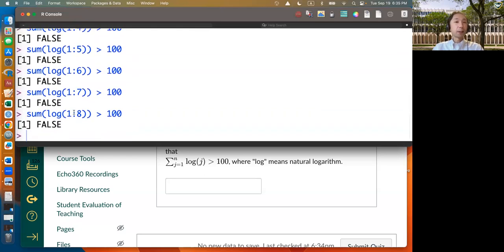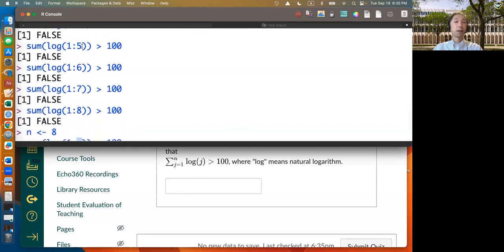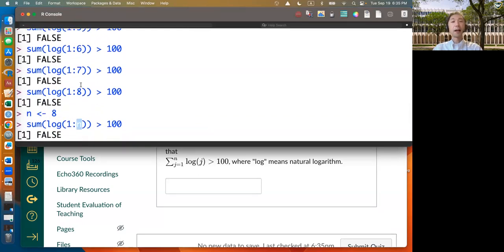And basically we have to change this number. Right, so we make this number larger. So basically, we want to get this for an increasing sequence. So maybe we get n equal to, okay, so 8, then we want to write the sum of log of 1 to n is larger than 100. And we want to change this n from maybe 1 to 2, 3, 4, 5 until this condition is satisfied. Right.